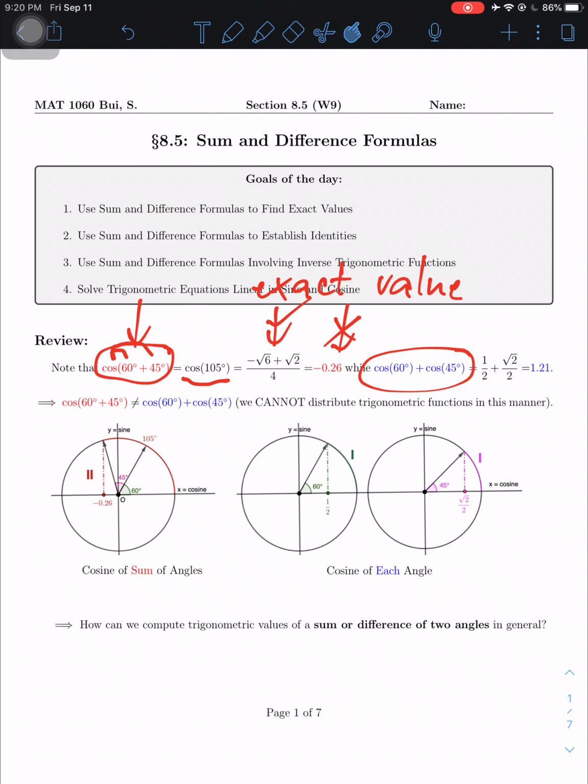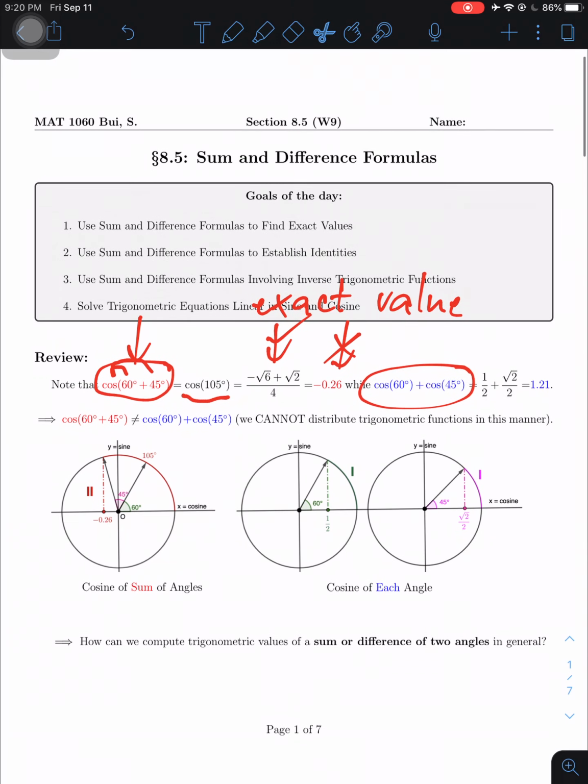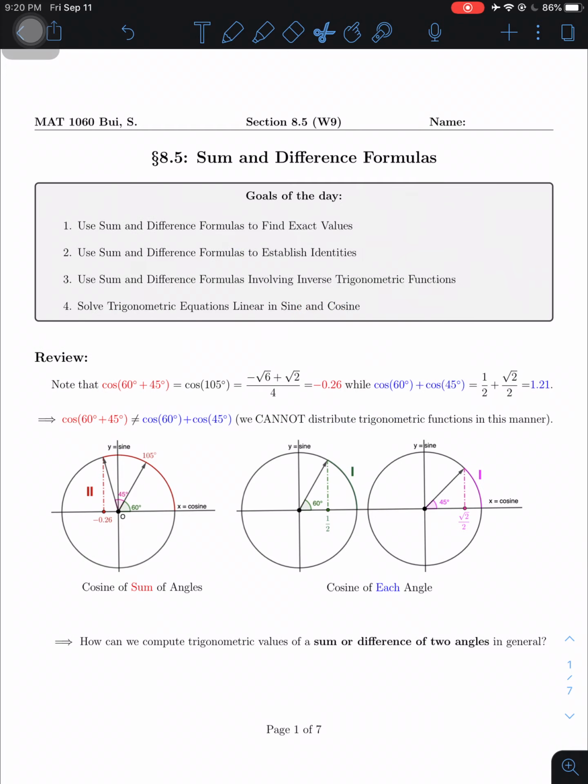Let me get rid of all of this and mark them out for you. A big discovery here is that cosine is not distributive at all. So make sure you never do it in the future, because this number is different from that number.